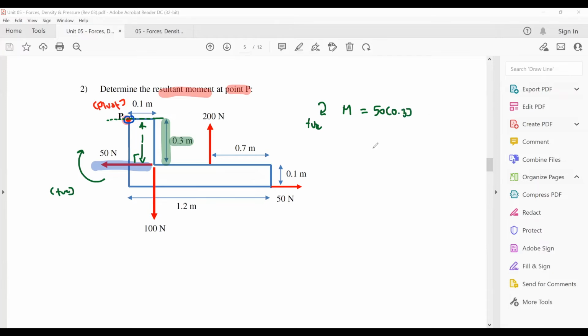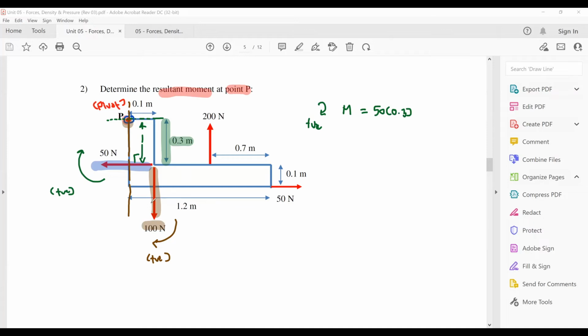Now we move on to the 100 Newton force. If you try to visualize the direction of rotation caused about P, it will be clockwise, so it's going to be a positive moment. But what is the perpendicular distance? You draw a parallel line passing through the pivot like this.